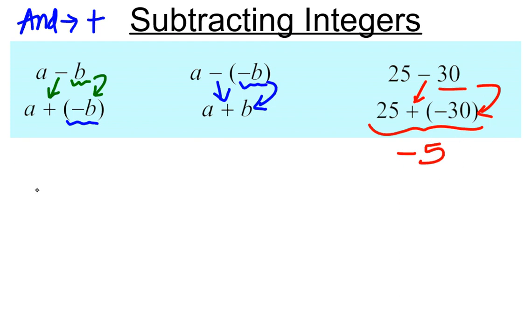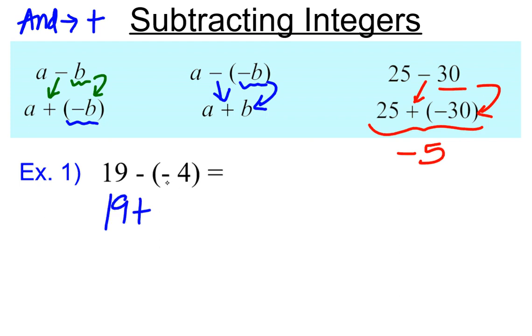So let's take a look at an example here. Here I have a subtraction problem, and normally you would look at this and say, hey, that's 19 minus negative 4. But we know that's not really how it's read. It's read as 19 and the opposite of negative 4, which is positive 4. So now we can see the change, right?